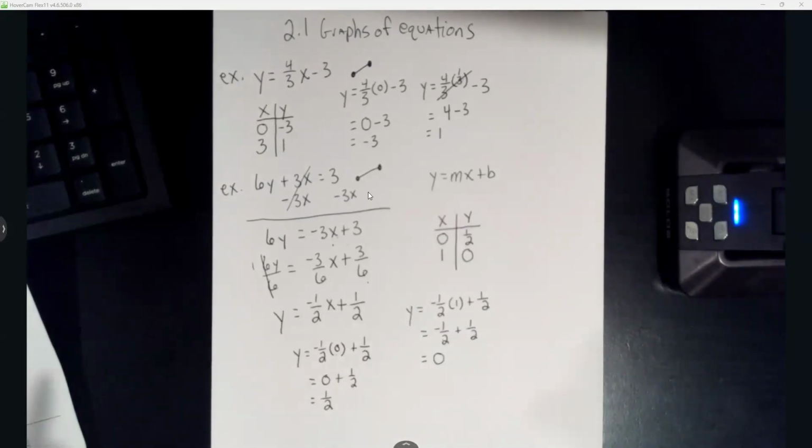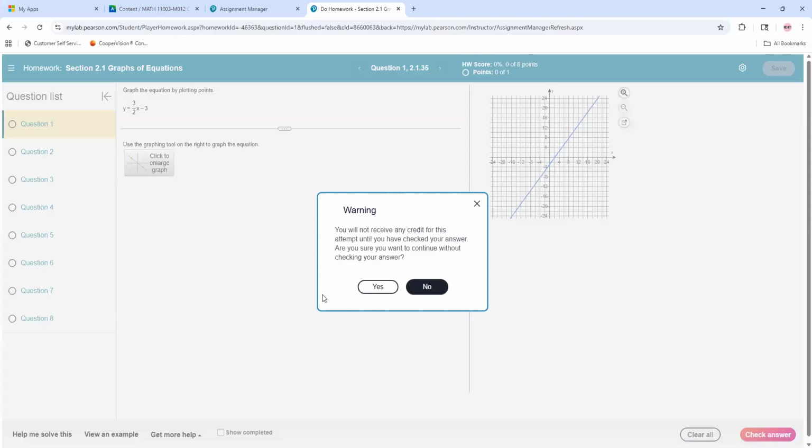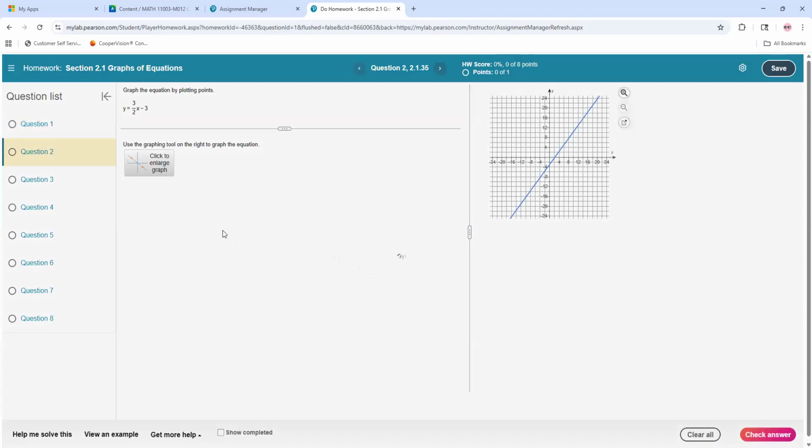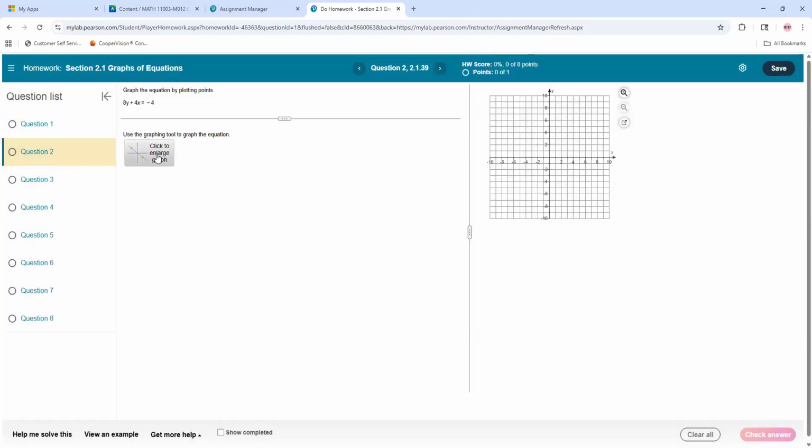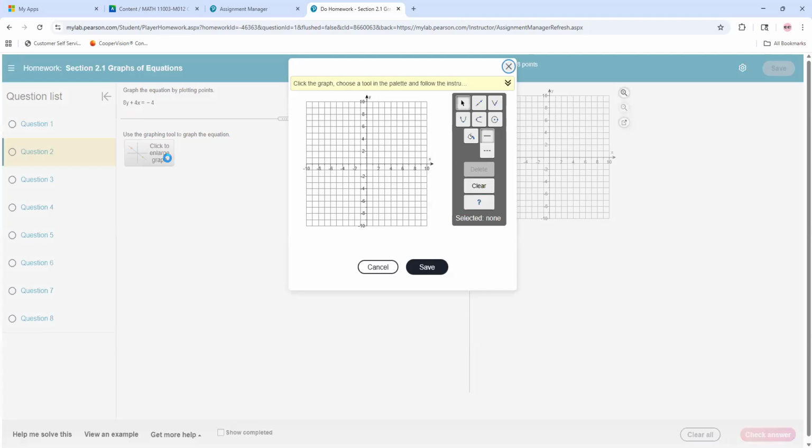So let me show you how you would graph that one. So I'm sure it's not going to have the same values I had. So I would click the enlarge graph, and y'all, my numbers were 0 and 1/2. So if you watch me when I grab the line tool, I'm sitting at 0. Up here, it's going by halves, 0.50.